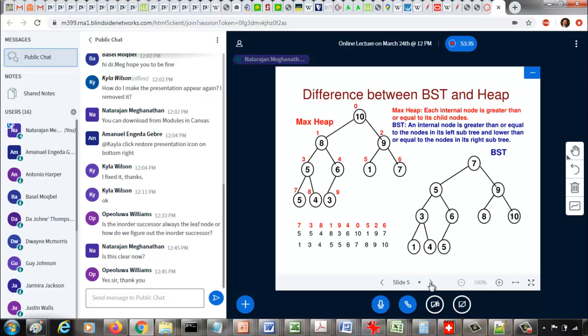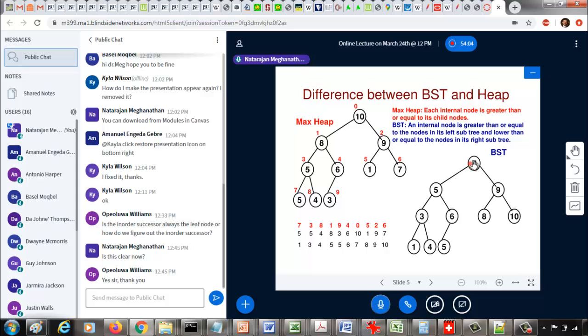Now you could get confused, but you should not. What is the difference between a binary search tree and a heap, either a max heap or a min heap? Let's put things together. In a binary search tree, the rule is that the data for the internal node should be greater than or equal to the data of its left child, and less than or equal to the data of its right child.